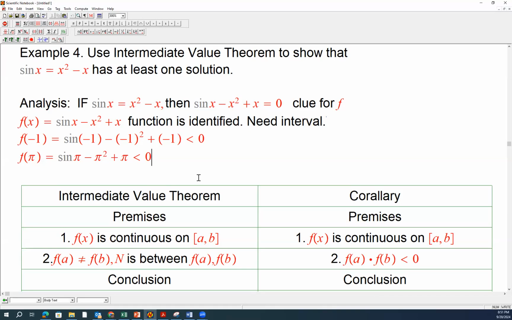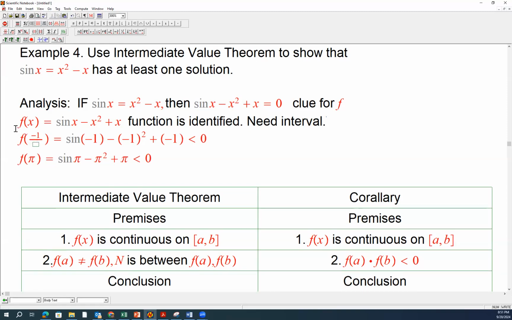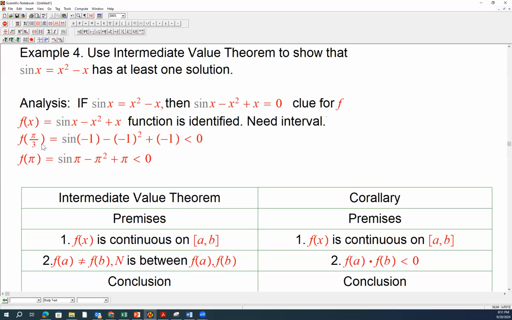And then what do we do? We still have to keep trying. How about we choose, they're both negative. That's not going to work, right? How about we choose pi over 3?